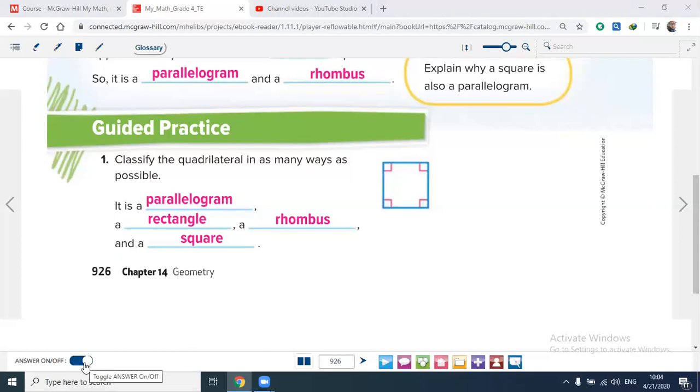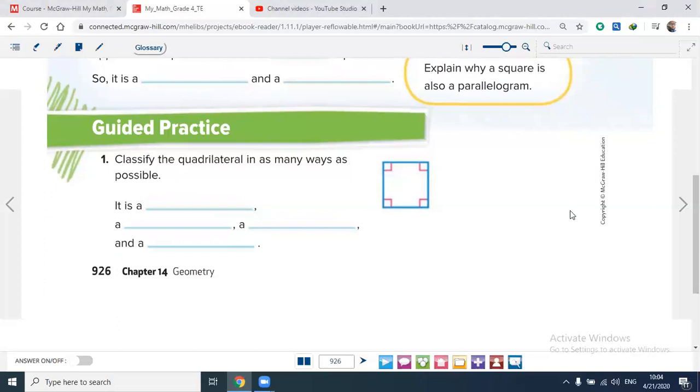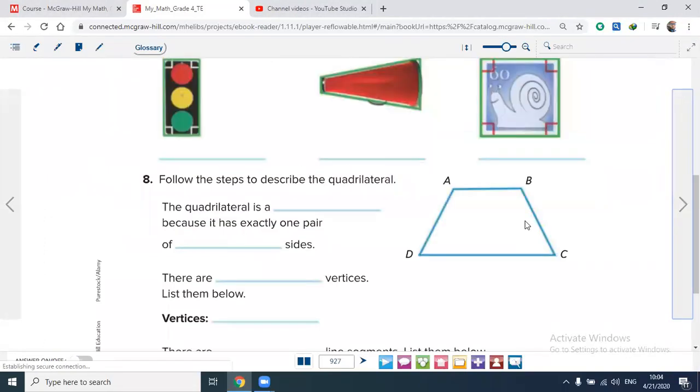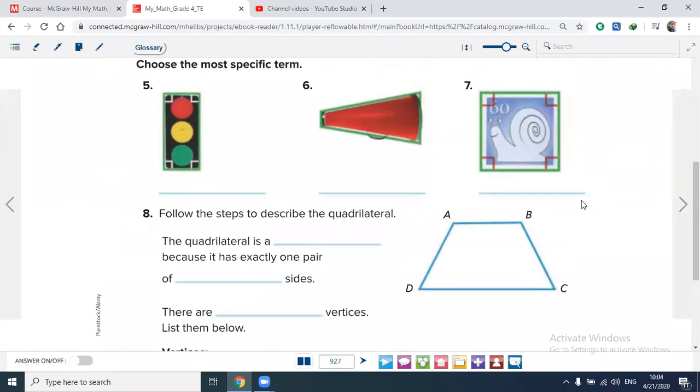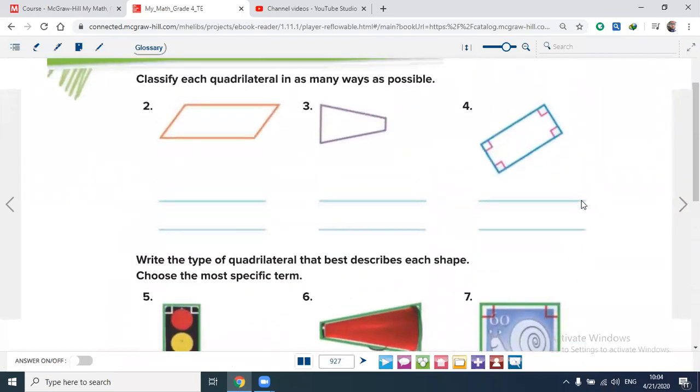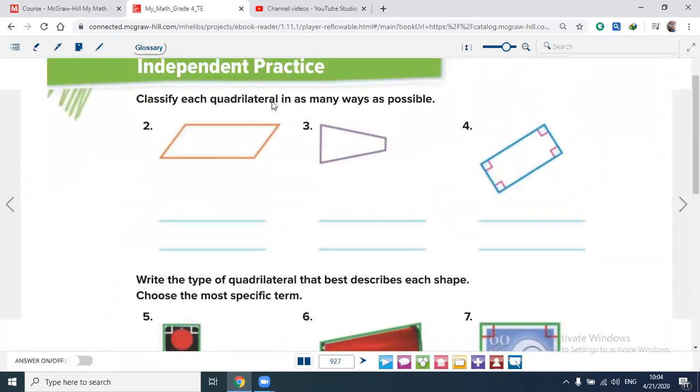Okay, let's go to the next page. Classify each quadrilateral in as many ways as possible. Here I have a parallelogram.